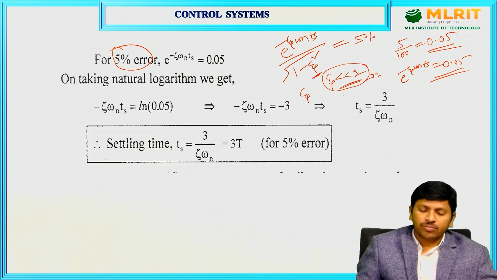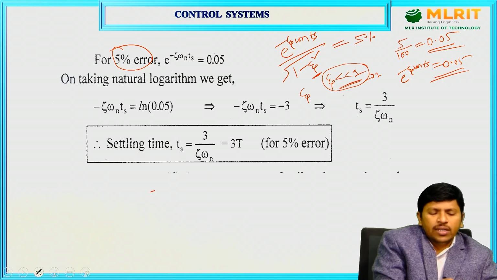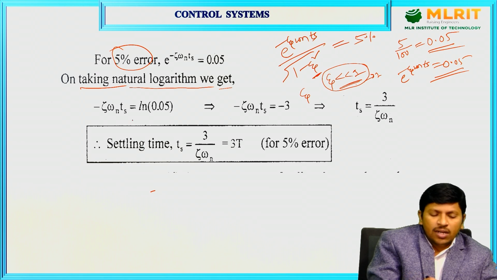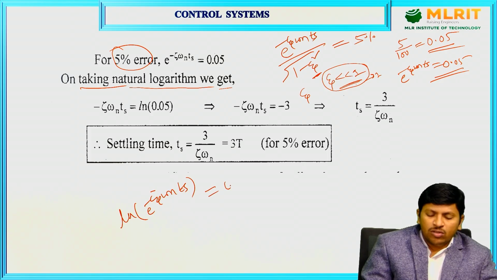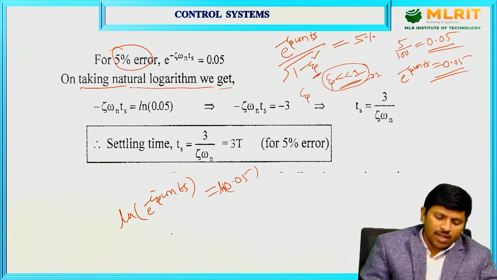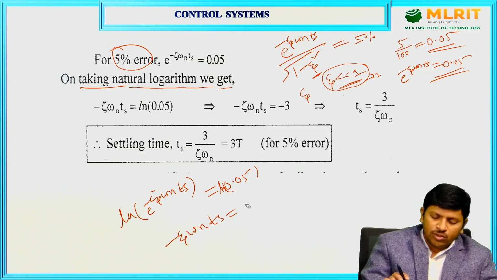Now I am going to apply the natural logarithm. Taking ln of e power of minus zeta omega n ts equals ln of 0.05, the exponent comes down directly: minus zeta omega n ts equals ln of 0.05.